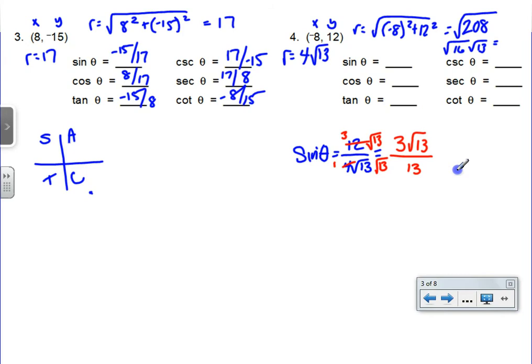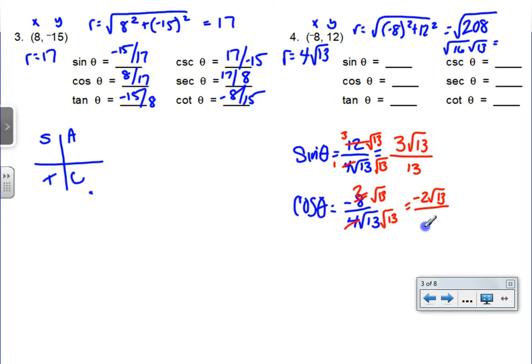That's lovely. Okay, cosine theta is supposed to be x over r. Okay, first thing you notice before I rationalize, can you reduce negative 8 over 4 to be a negative 2? And then can you rationalize? So top and bottom by square root of 13. So up top you've got a negative 2 square roots of 13.